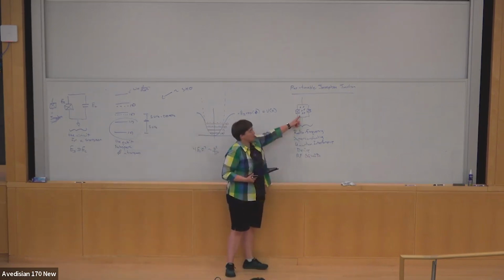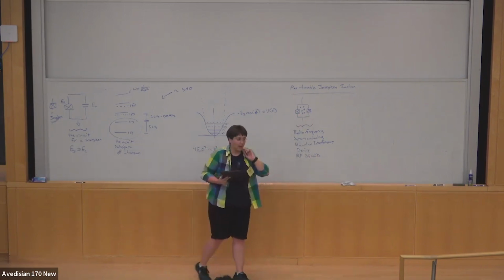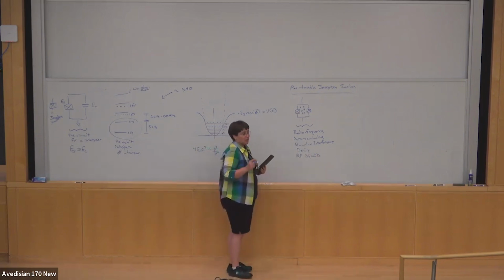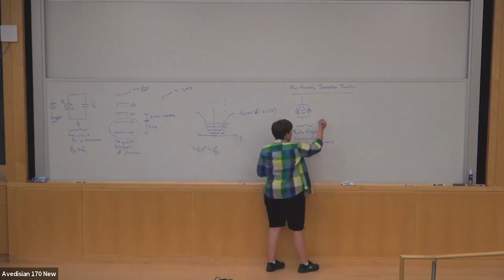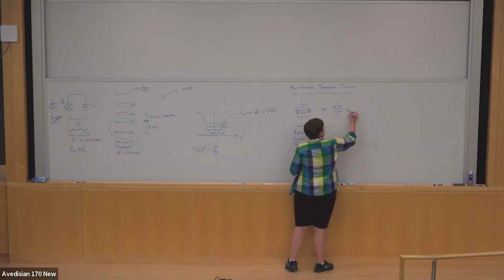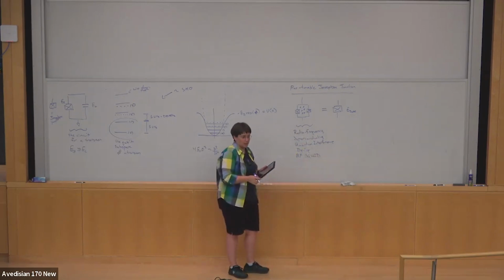And so we go to this RF squid configuration with two Josephson junctions in parallel and thread a flux. I'm not going to go through the derivation of why this happens, but this is equivalent to having a single Josephson junction with a new and effective Josephson energy.